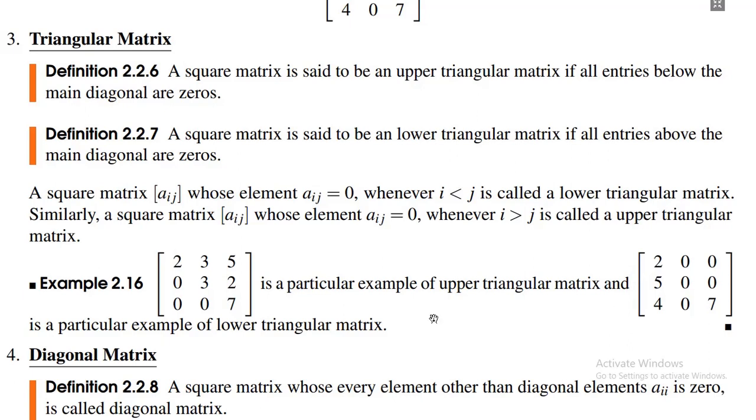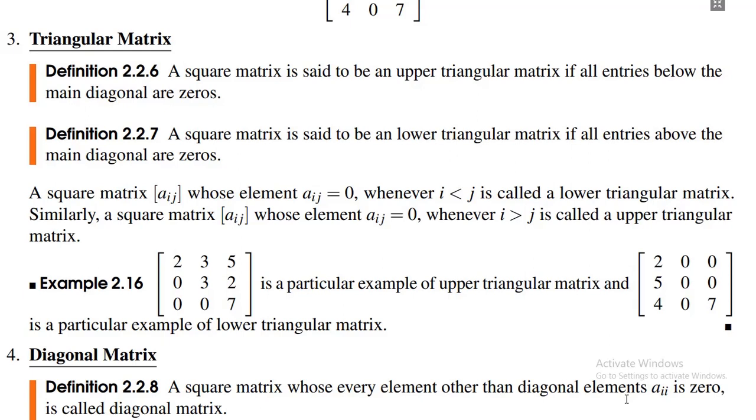Another type of matrix is the diagonal matrix. Now, what is a diagonal matrix? A square matrix whose every element other than the diagonal elements aii is 0 is called a diagonal matrix.